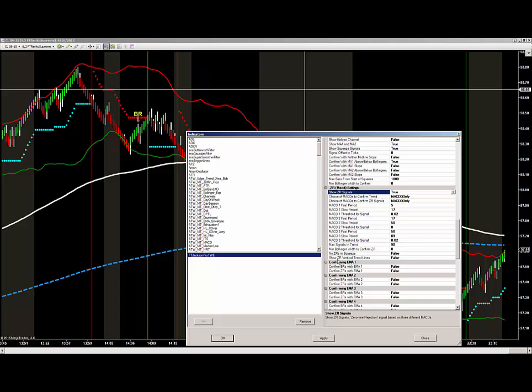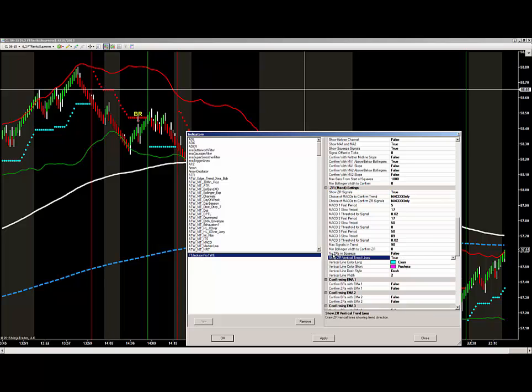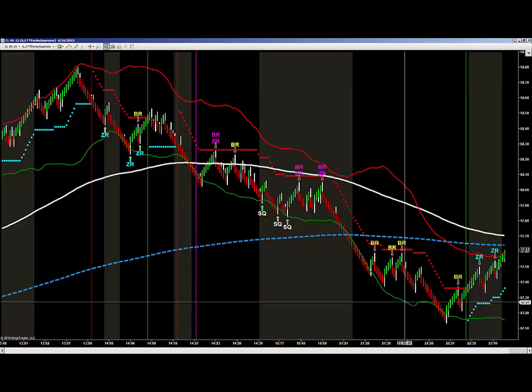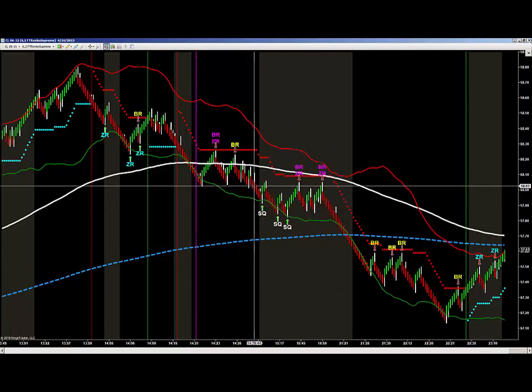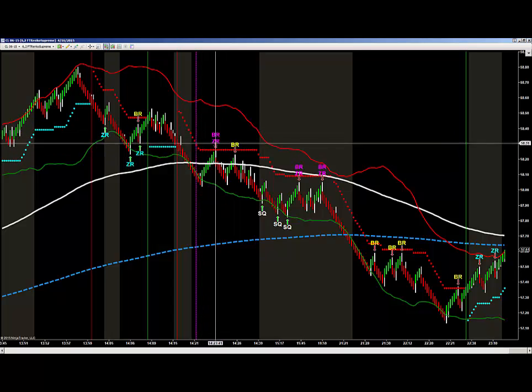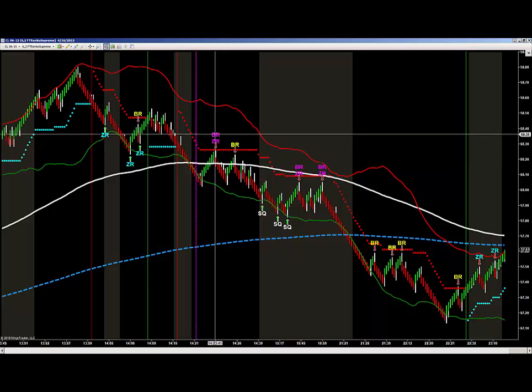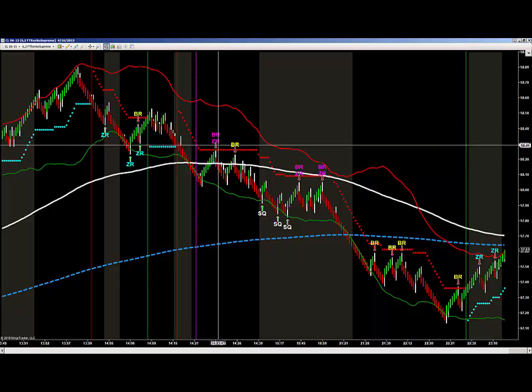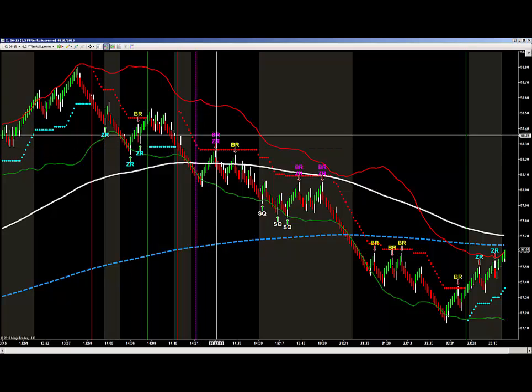So let's take a look here. Show ZR vertical trend lines. Yep, we're going to show that. And you also notice no ZRs in squeeze. You'll have that choice. So let's see what we got here. And now we've got ZRs, and now you notice we've got these magenta or fuchsia colored, and this is simply because in the software you can say what color do you want any signals that might be stacked to be.